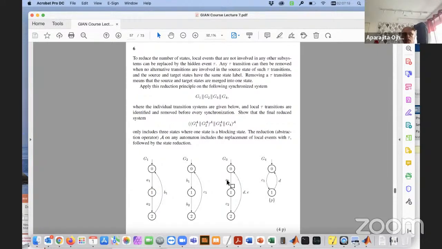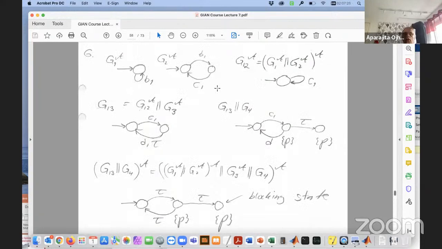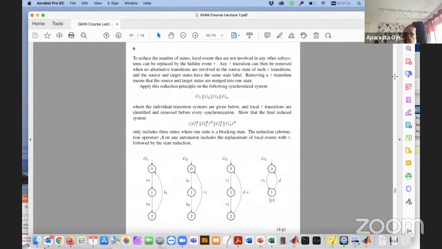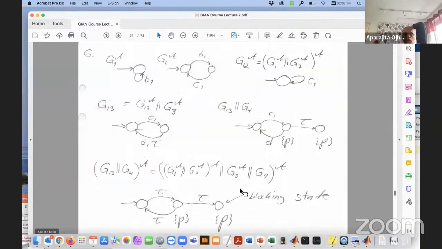C1 is shared between all three, but D is only shared between G3 and G4. My guess is the system includes up to 20 states or something. And after the reduction, I can move this down to 3 states.